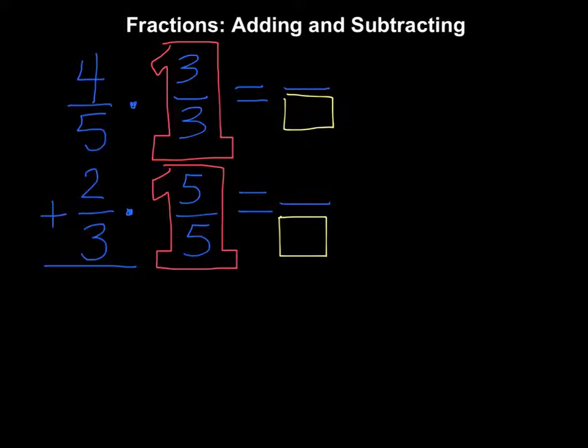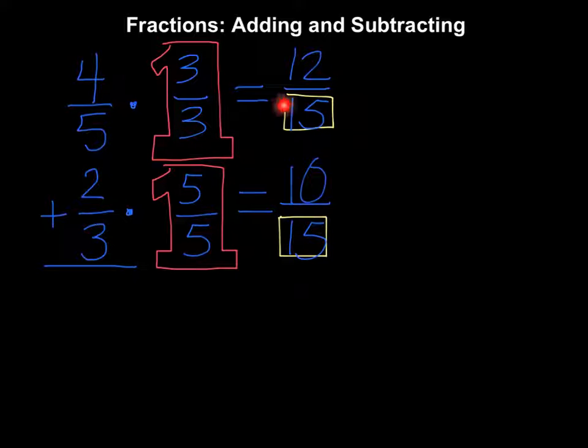Now we're ready to multiply. So 4 times 3 gives me 12, and then 5 times 3 gives me 15, and then 2 times 5 gives me 10, and finally 3 times 5 also gives me 15.